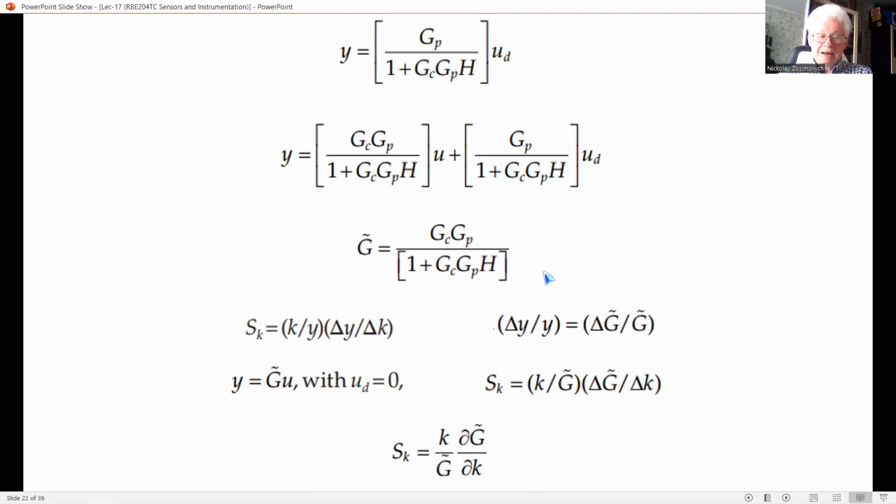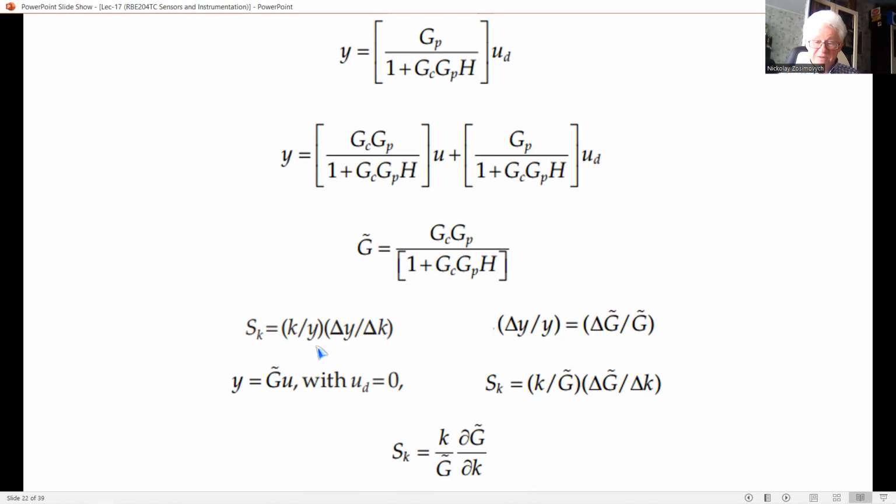System sensitivity to parameter change. The sensitivity of the system to a change in some parameter K may be expressed as a ratio of a change in the system output to change in the parameter, like delta Y over delta K. In the non-dimensional form, this sensitivity is given by these simple expressions.